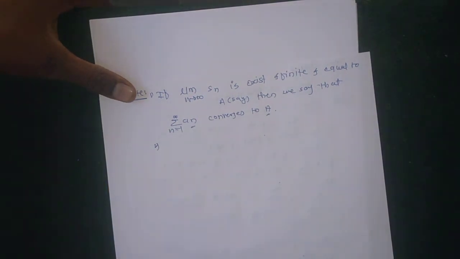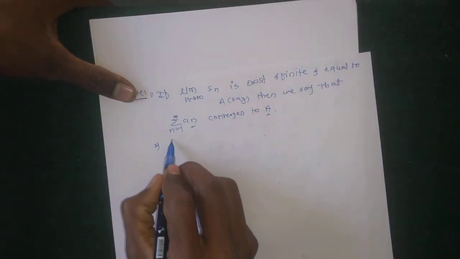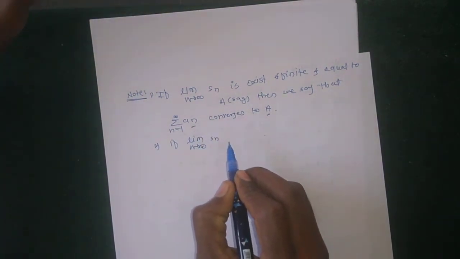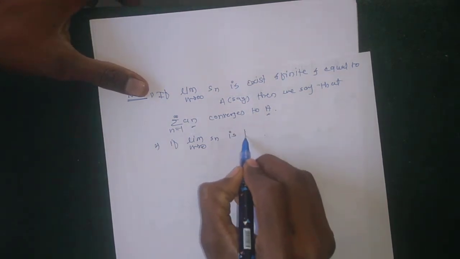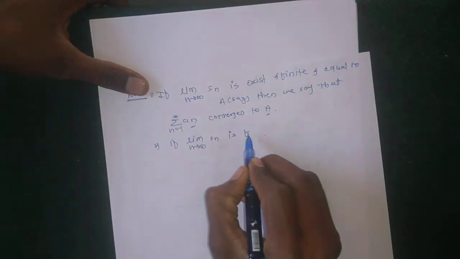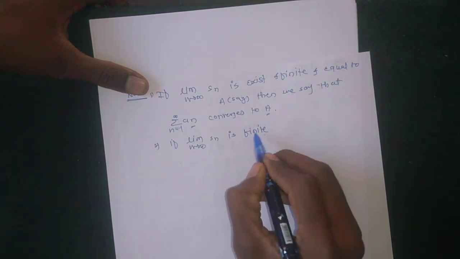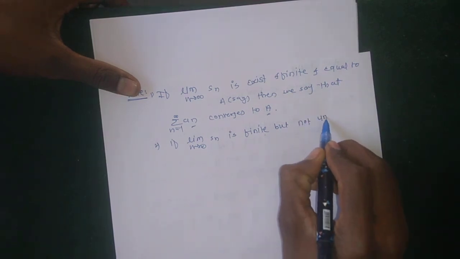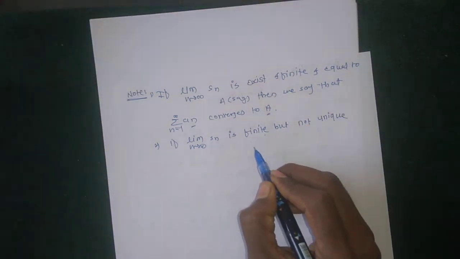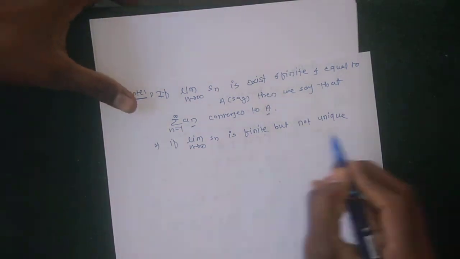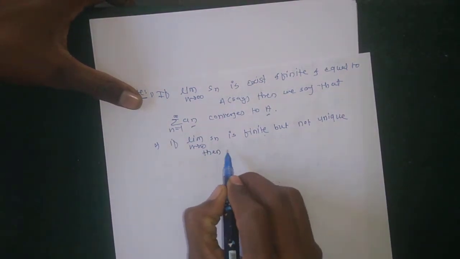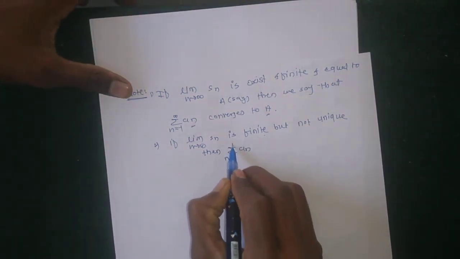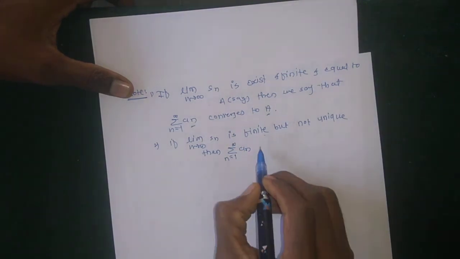Then second, if the limit as n tends to infinity of Sn, the nth partial sum of the series, exists and is finite but is not unique, then the series An is an oscillating series.